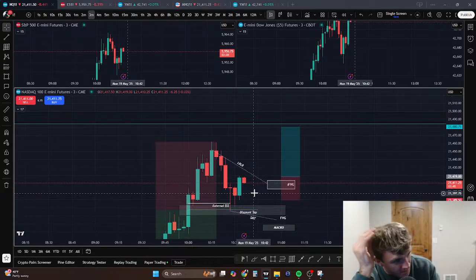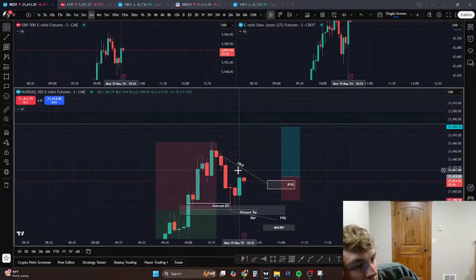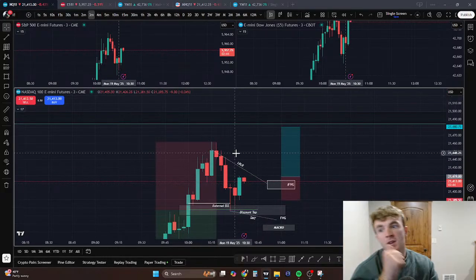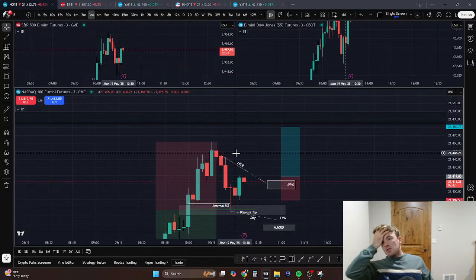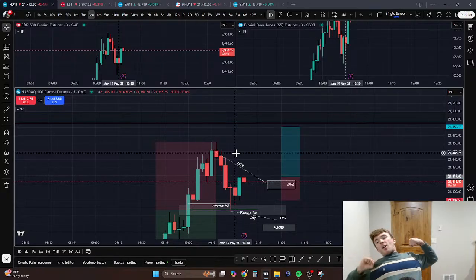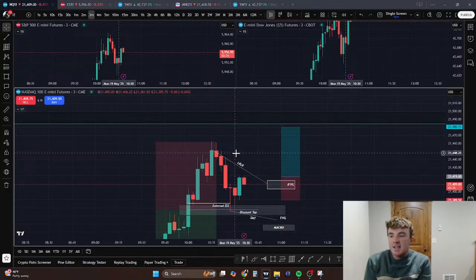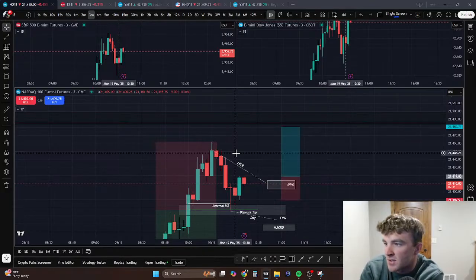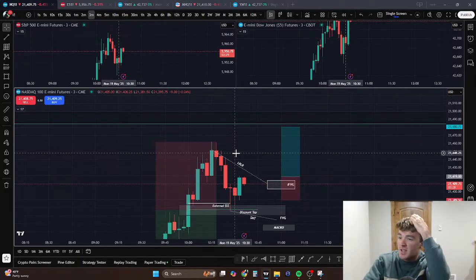If it works, fine. But I like the ones where there's a clear, obvious, entire trend line of liquidity. I hardly see those fail. Where there's just an entire trend line and it's just, boom. Those are the ones I'm trying to take from now on.